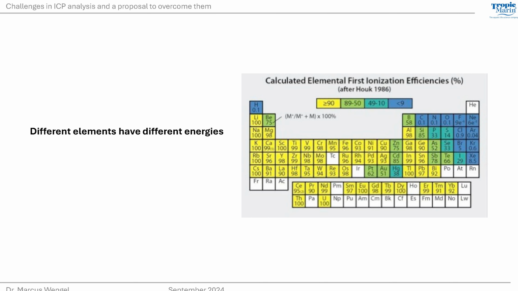Now we got to the more important things, which is not so easy to overcome. I said different elements have different energies. Maybe that's not really correct from the chemical side, but it explains it very well. So each element is a little bit different. And just to ionize it, to make it able to measure in ICP, it needs to have the ability to give up the energies.